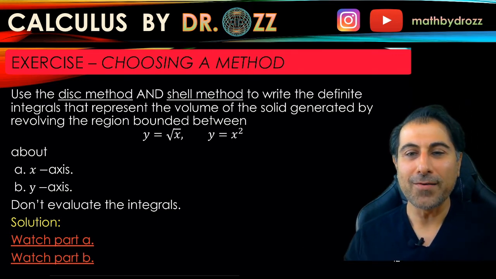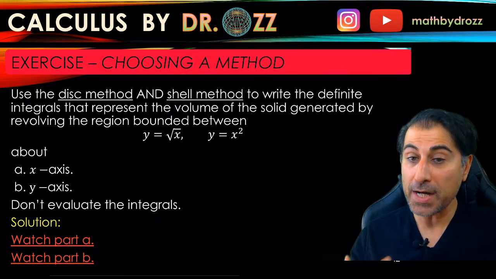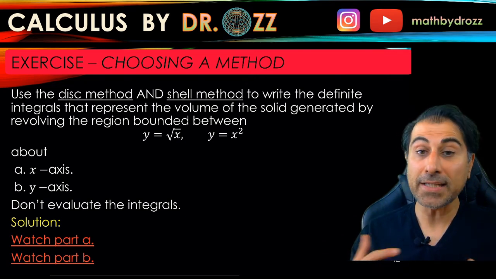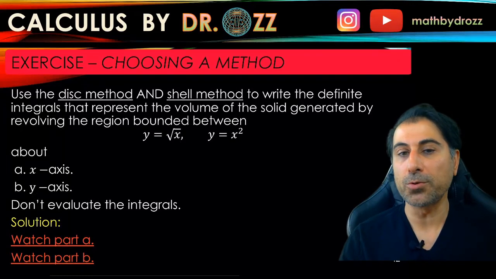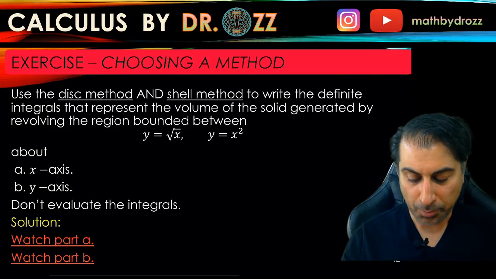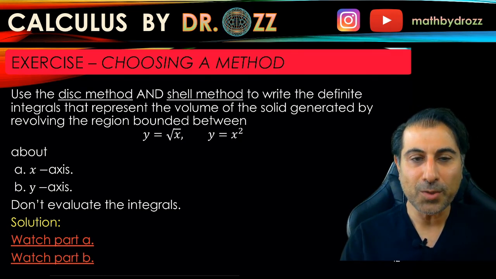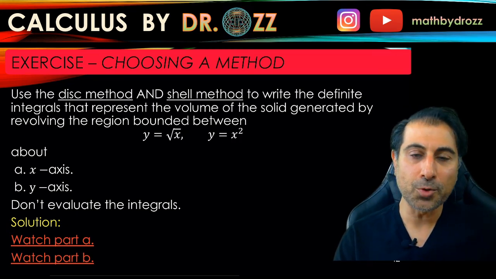So this question is not asking you to evaluate the integrals, but just to write down the integrals coming out of the technique you decide to use, disk or shell method, and you're going to assess that by yourself. And please check the video out as well to see how I pick which technique is the one providing you the shortcut.